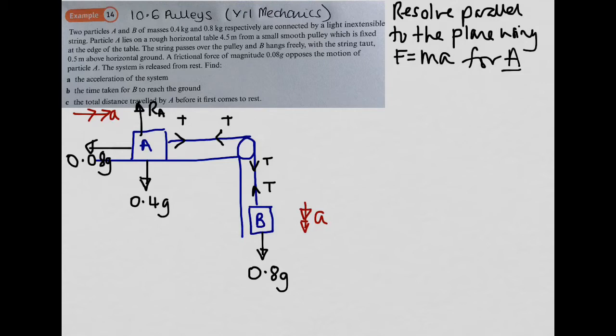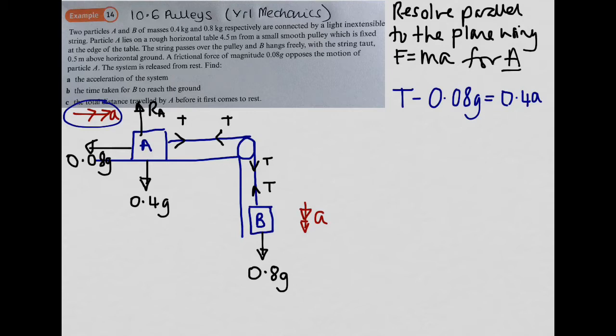Looking at A here, in the direction of motion is T. And forces in the opposite direction, minus 0.08 g, equals my mass, which is 0.4, times my acceleration, a. So that's one equation that I found.